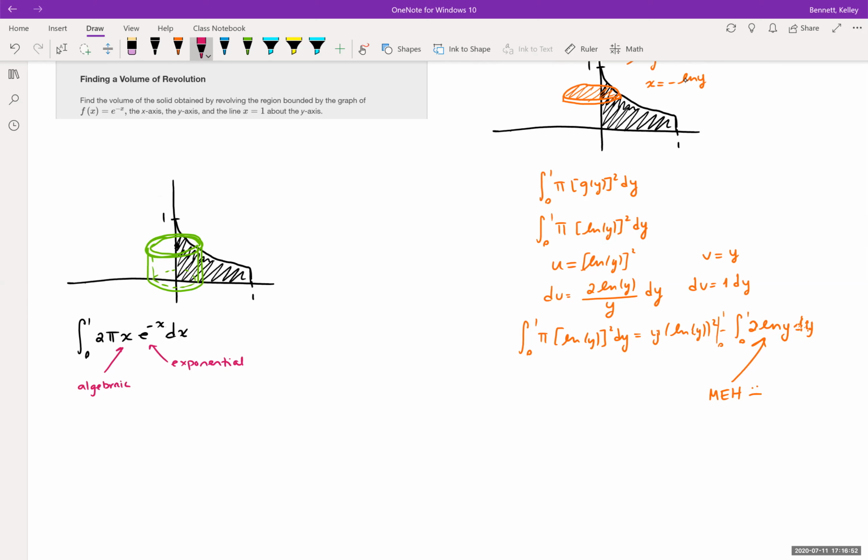So I feel more in my comfort zone here. Again, you could do it either way you want. If you ever want to reference the example in the book, it follows the shell method. So there are 2 ways you can do this. You could pull the 2 pi out and slap it on at the end, or you could let 2 pi x be your algebraic function. It doesn't matter.